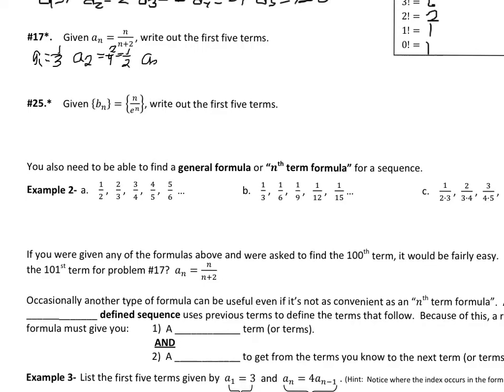A sub 3, 3/5. A sub 4, 4 over 6, which is 2/3. Good. And A sub 5 is 5/7.